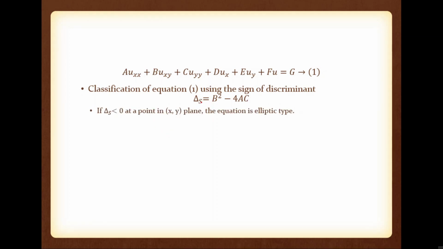If delta s is negative at a point in the xy plane, because we have two variables, so we have a plane, and if you are taking a particular point, in that point if delta s is less than 0, the equation is elliptic type. If delta s is greater than 0, then it is hyperbolic. If delta s is equal to 0, then it is parabolic. Is it okay? So this one is with respect to the sign of the discriminant.